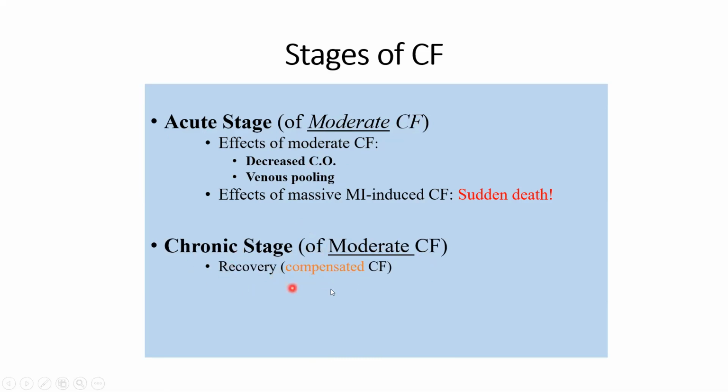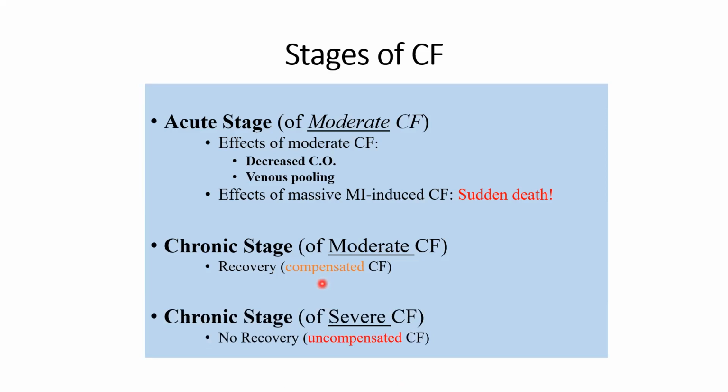And this heart now is compensated. Of course, it's not as good as the original heart, quote unquote. It is recovered or compensated, but it does the job, and with certain dietary restrictions and a certain exercise protocol, the person lives a normal life. So that's moderate cardiac failure.